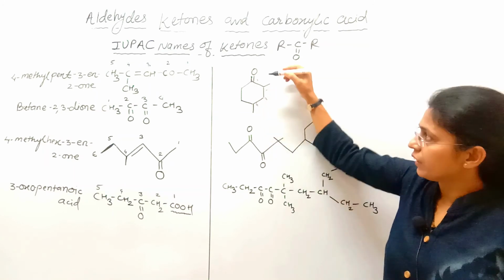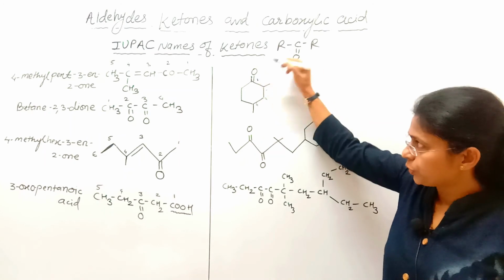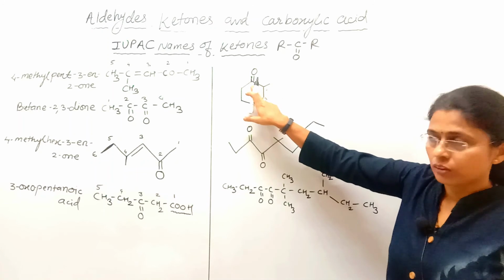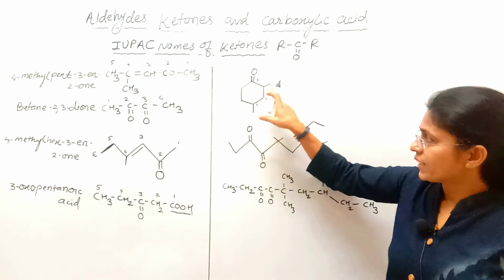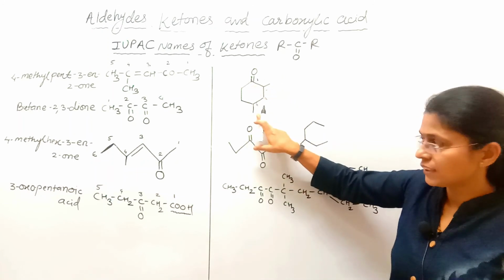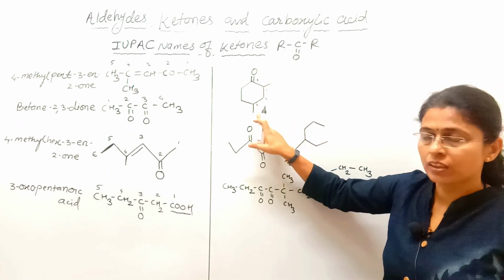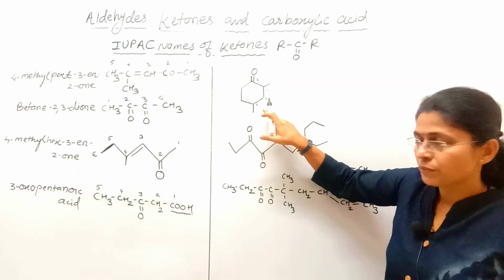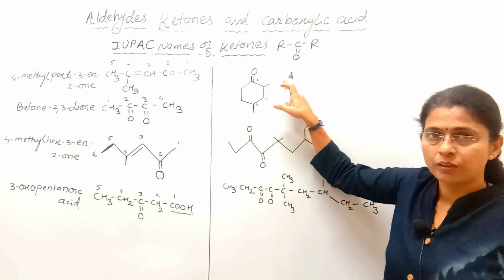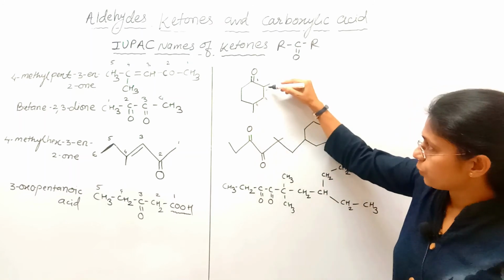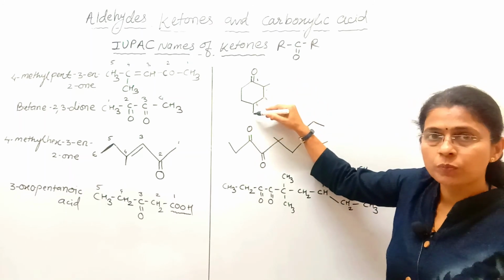Now see here, this is an alicyclic compound, that is cyclohexane. And in an alicyclic compound, the carbonyl group should be numbered 1. So I number here 1. Number in a clockwise direction because CH3 is a substituent and they are close in the clockwise direction. If you number from this side, the substituent will get a higher number. That's why number in a clockwise direction. At 2 and 4 position, methyl groups are there.